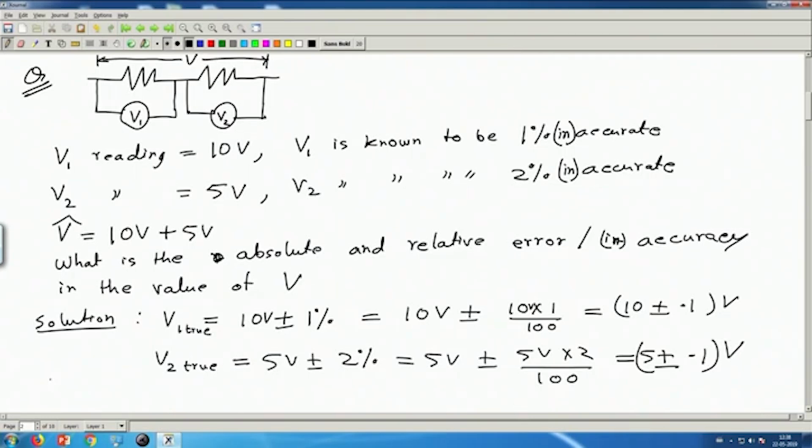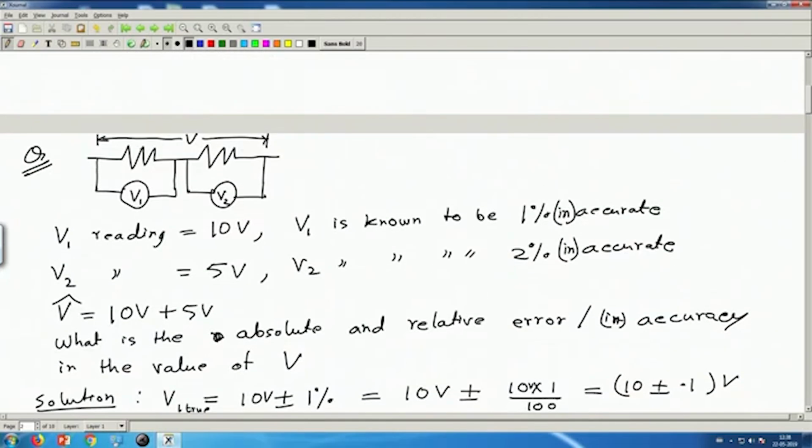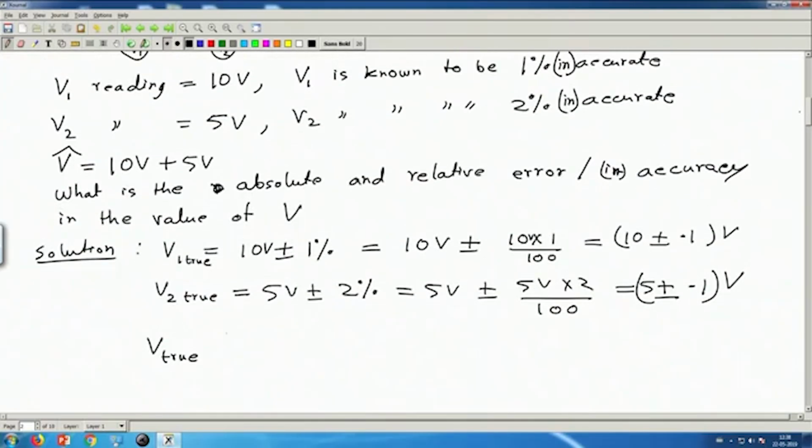Okay, and therefore V true, which is V1 plus V2, V is this total voltage, V1 is here, V2 is here. So V true will be V1 true plus V2 true, this will be 10 plus minus 0.1 plus 5 plus minus 0.1.